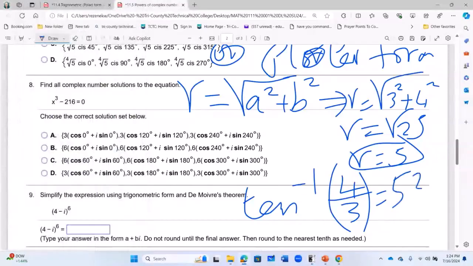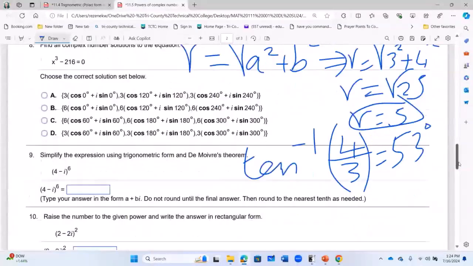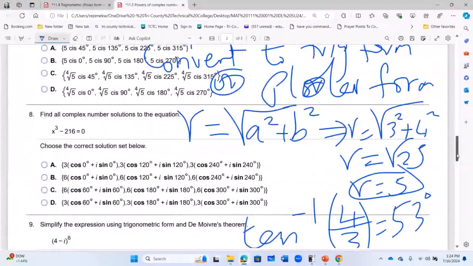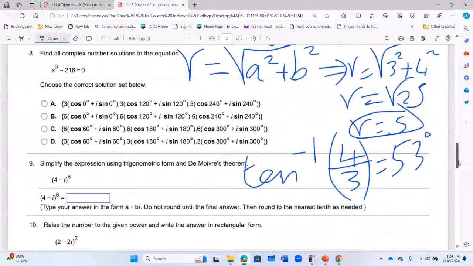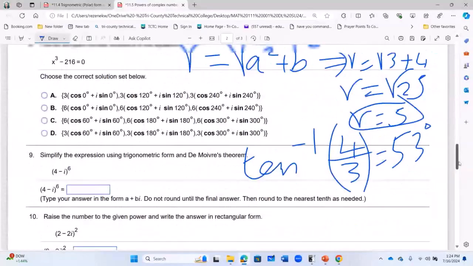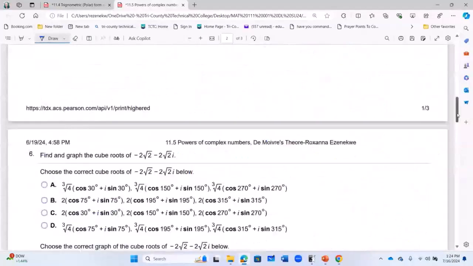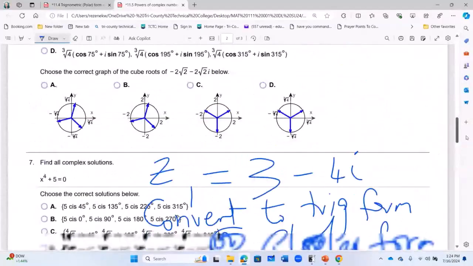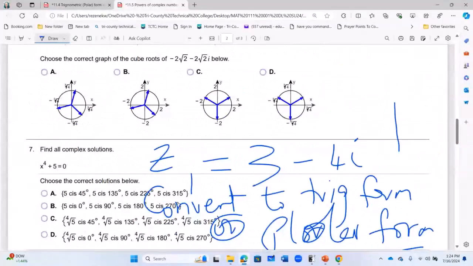Okay, now I'm going to write it in. So I have R as 5 and I have theta as 53. The angle is in the fourth quadrant. How do I know that? Because if I plot this, I have the angle in the fourth quadrant. Therefore, I actually just found the reference angle.